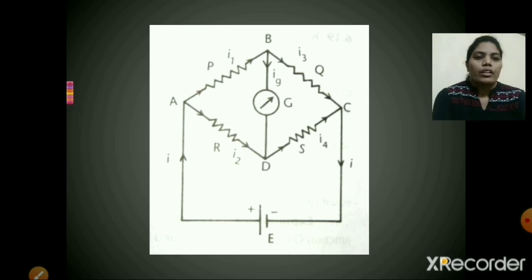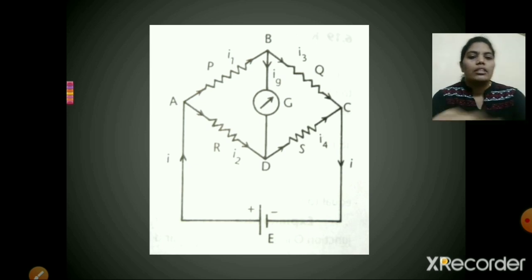See, A, B, C, D and A, it is like a closed circuit. B and D are connected through the galvanometer. A and C are connected through the battery EMF.